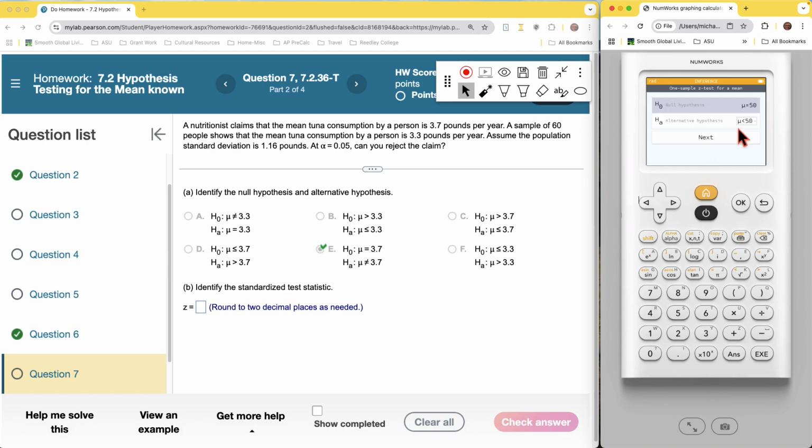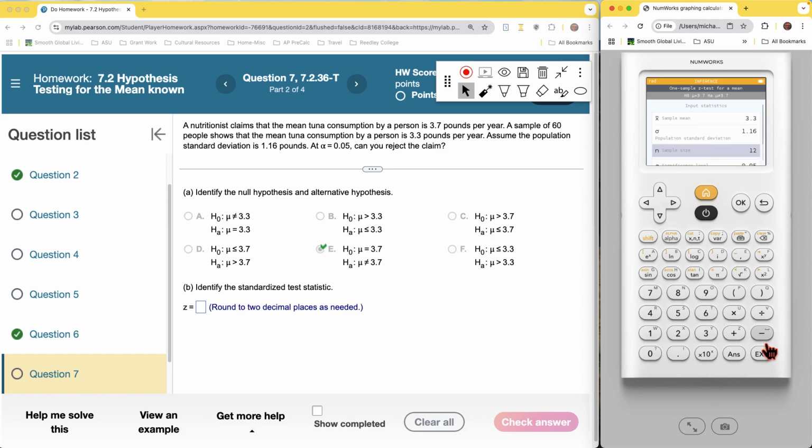Okay. So our null, we said, is going to be equals to 3.7, giving us the alternative hypothesis of not equals. Two-tailed test. We go in, the sample found a 3.3 average. The population standard deviation is 1.16.